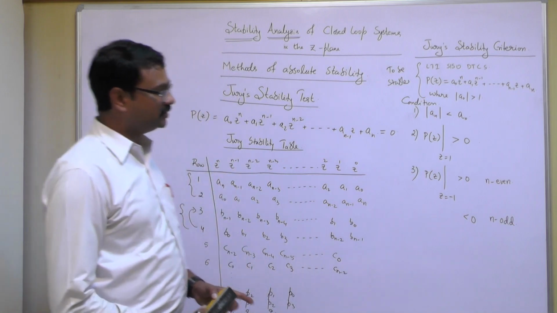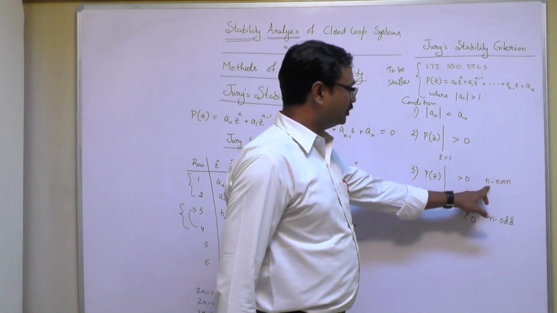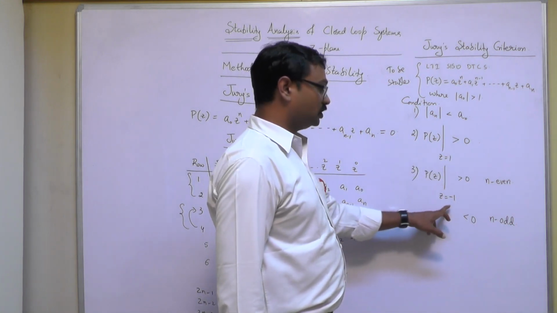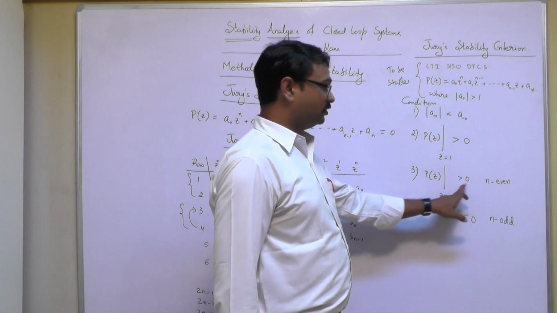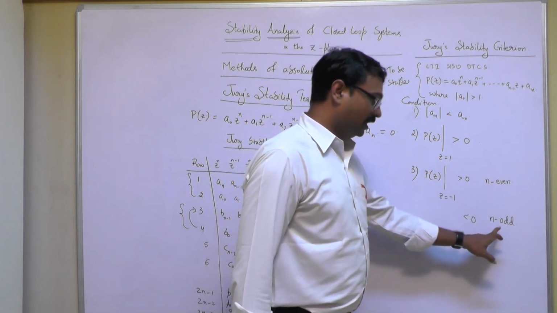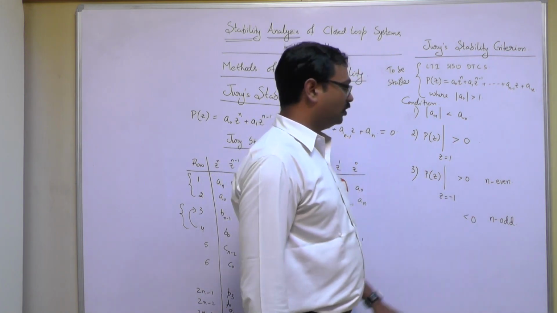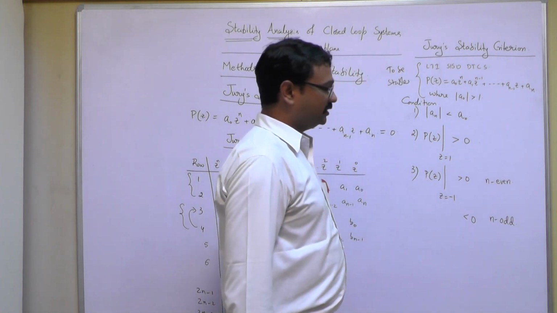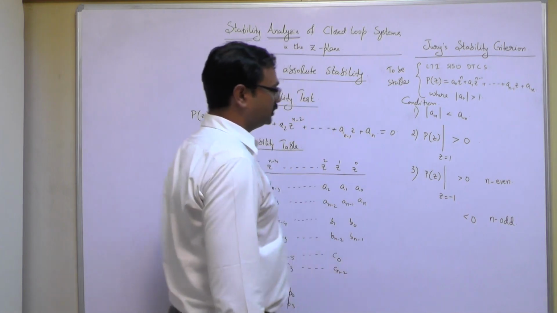So for an even order polynomial, P of z when z is equal to minus 1 should be greater than 0, and for an odd order polynomial, P of z must be less than 0 when z is equal to minus 1. So this is the third condition.